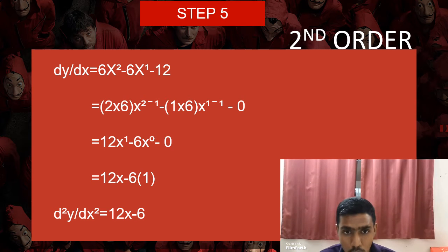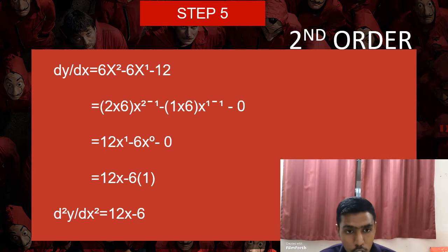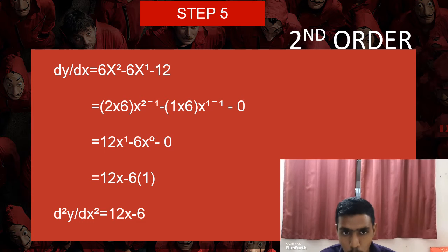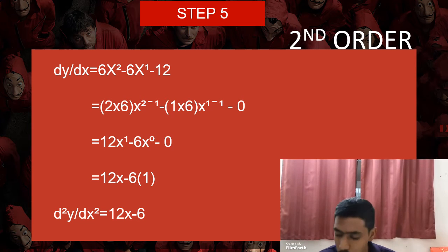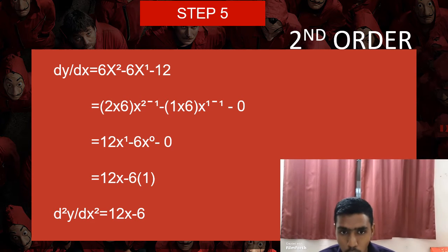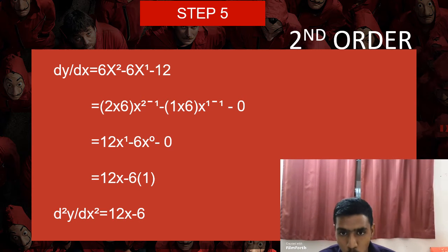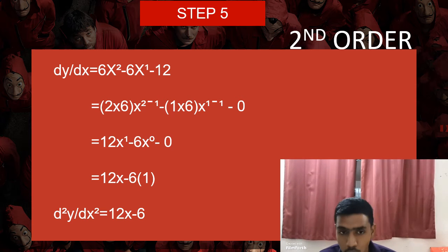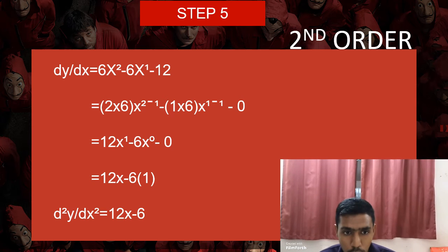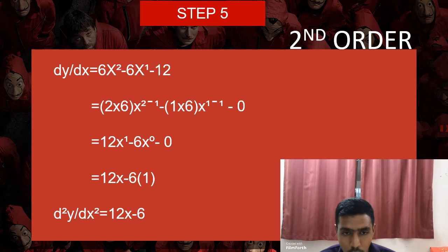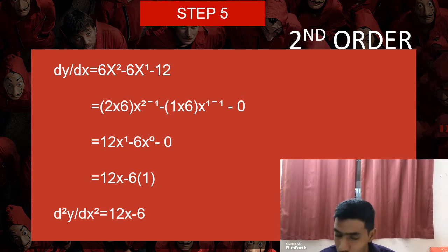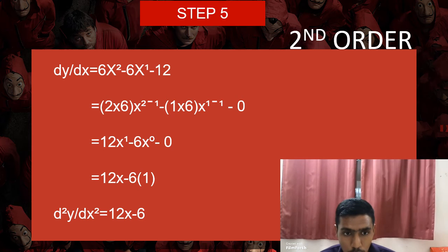The second derivative is (2 times 6) x power 2 minus 1, minus (1 times 6) x power 1 minus 1, minus 0, which equals 12x minus 6.